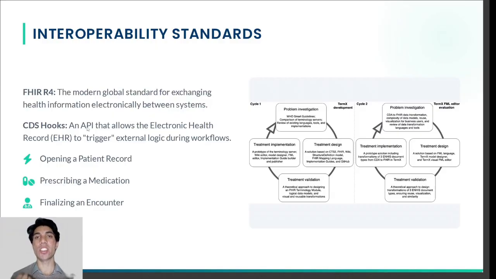And that external logic could be our machine learning model, or that could be our deterministic rule-based system. And that machine learning model or that logic will take input from our EHR data and give us some kind of output in the form of an alert or something like that. And that will be an insight for the clinician.